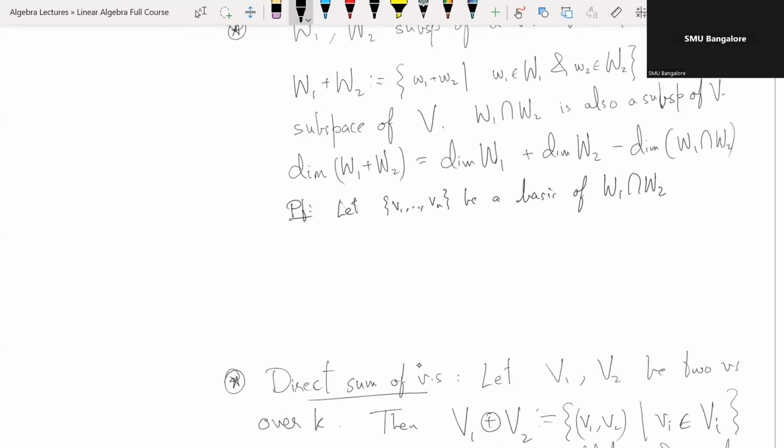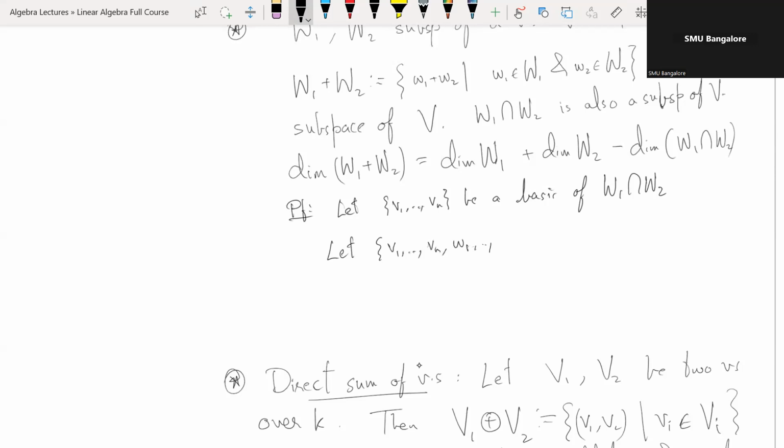Because it's a linearly independent set in both W1 and W2, let V1 to Vn, and we add some new elements. Let's call them W. Why not?